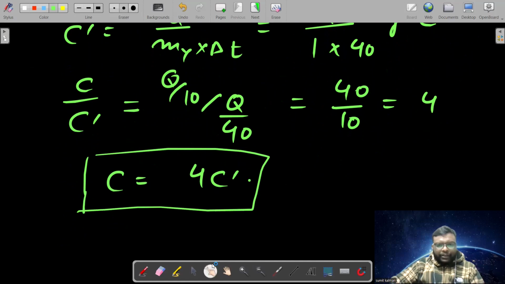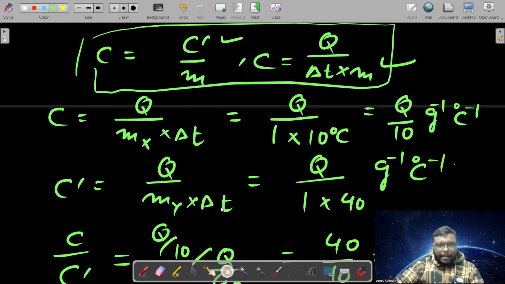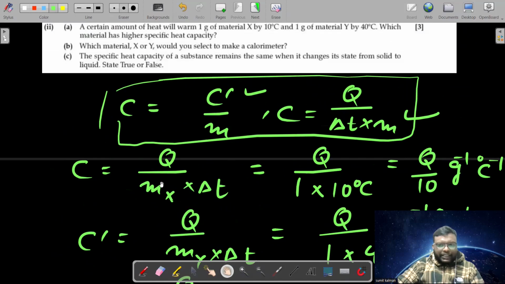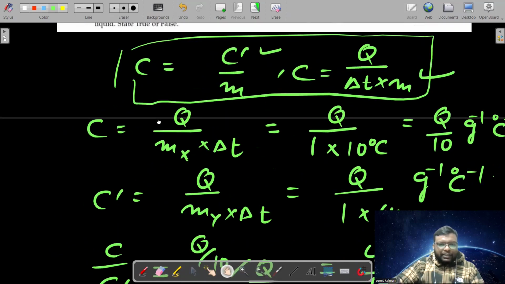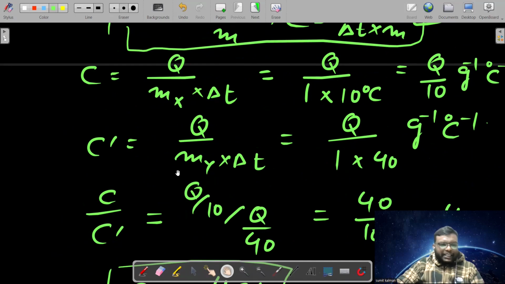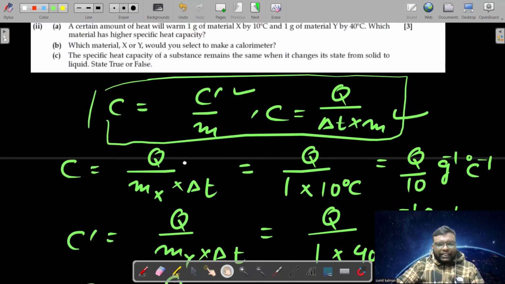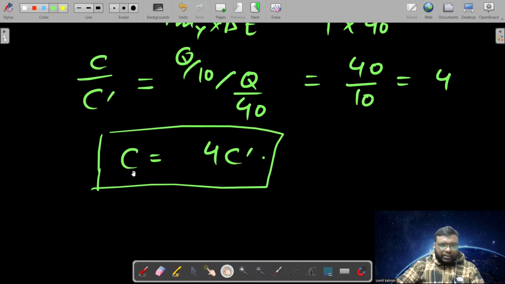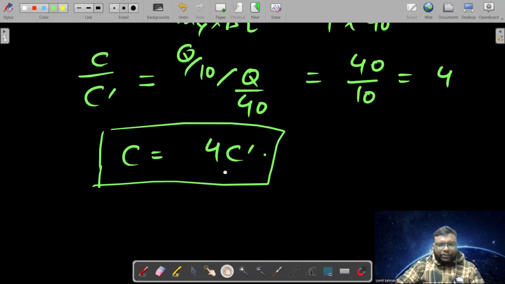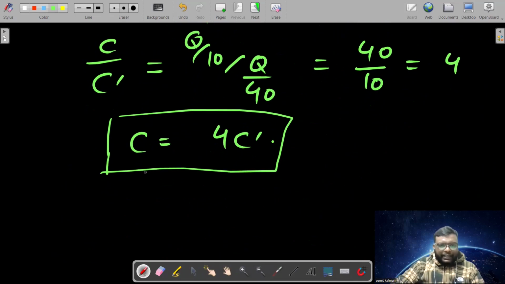So here C will become 4C'. And if you see here, C was the specific heat capacity for material X and C' was the specific heat capacity for material Y. As you can see, the specific heat capacity of material X is equal to 4 times the specific heat capacity of material Y. So here material X has higher heat capacity.